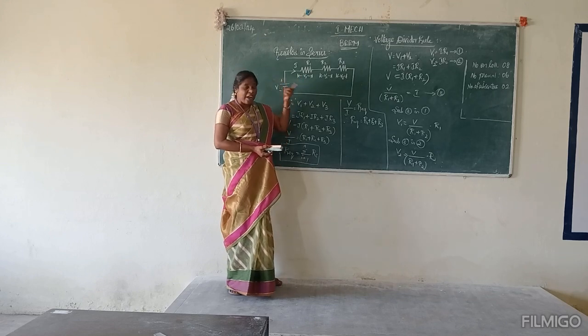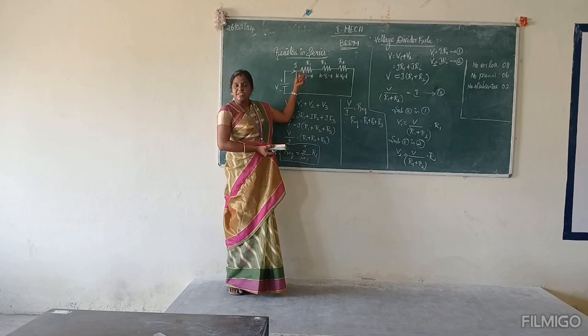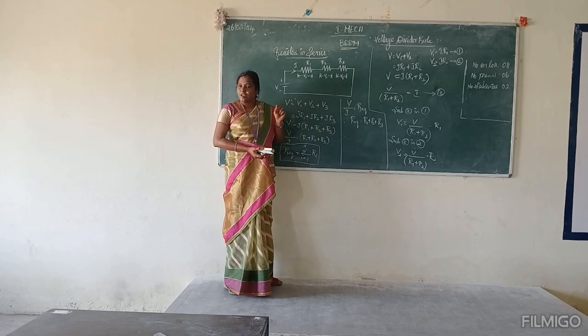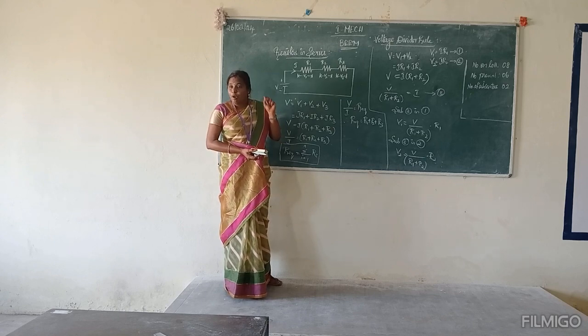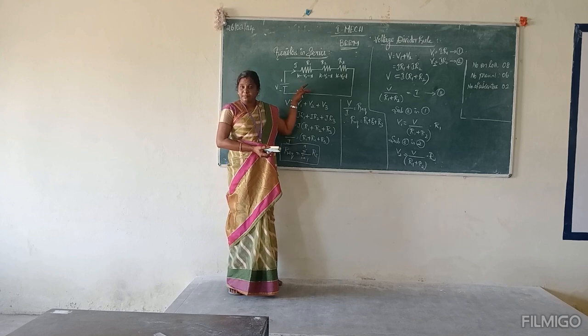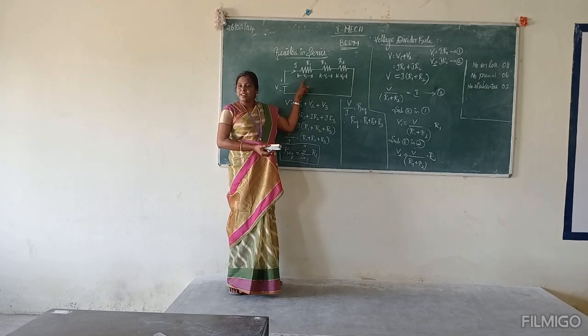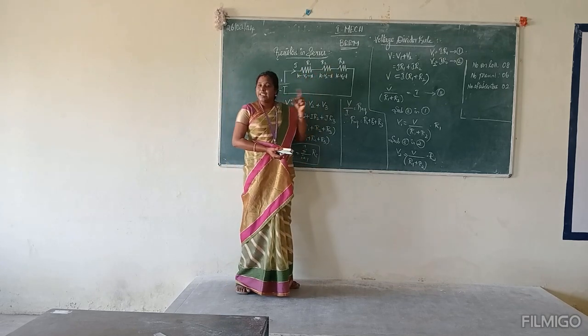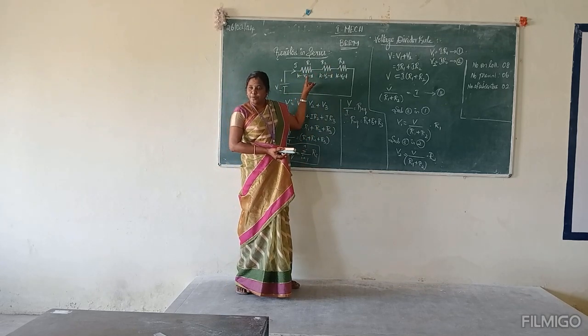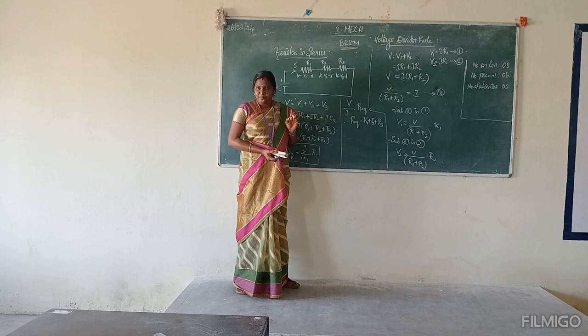Depending upon the value of each resistor, some amount of voltage drop occurs. If I know the values of R1, R2, R3, I can find the voltage drops V1, V2, V3.